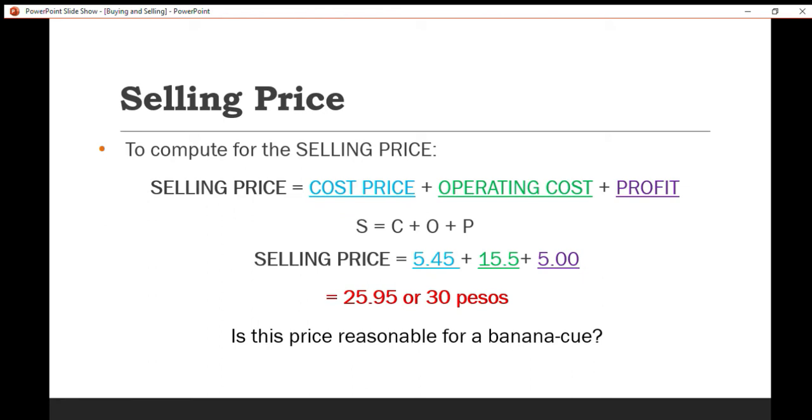Paano nila magiging sustainable yung business without sacrificing the quality of the product and without sacrificing din yung salary of the employees.